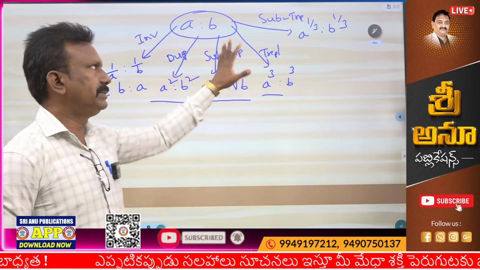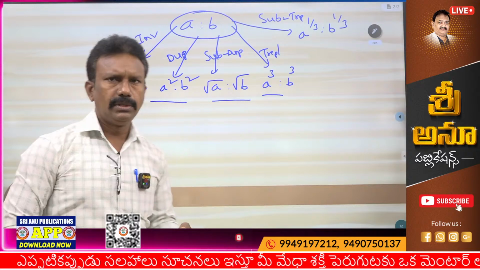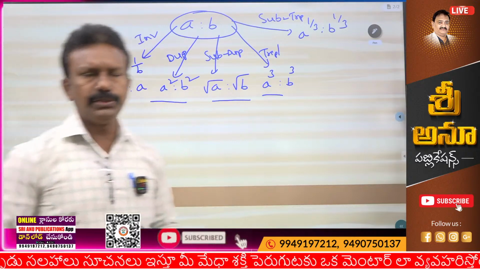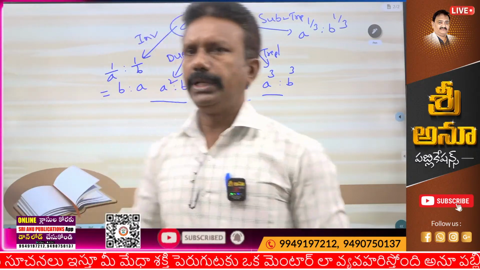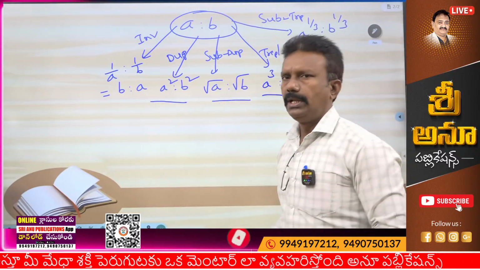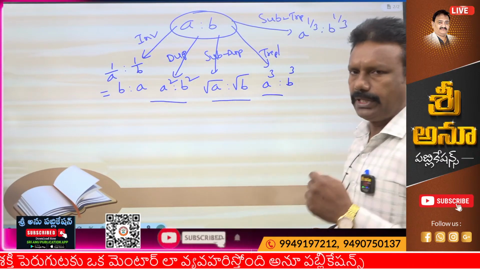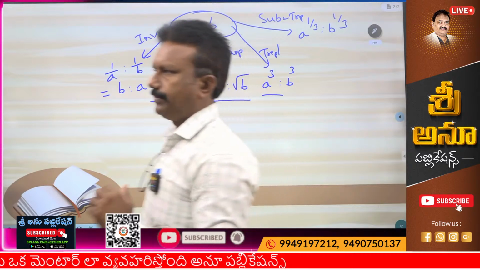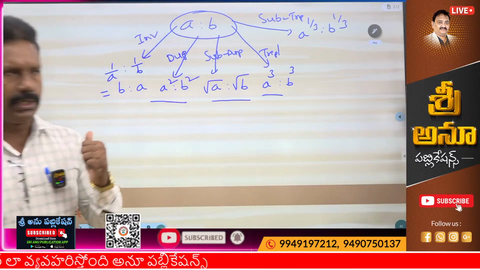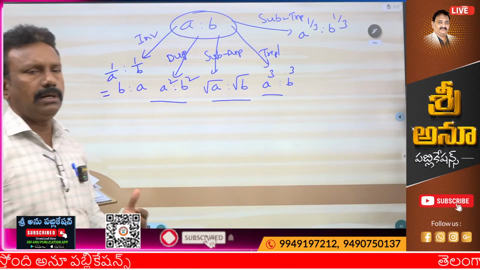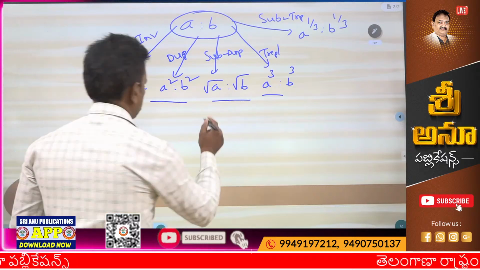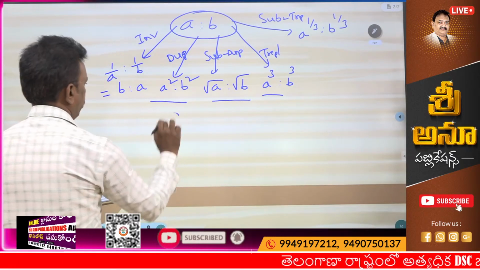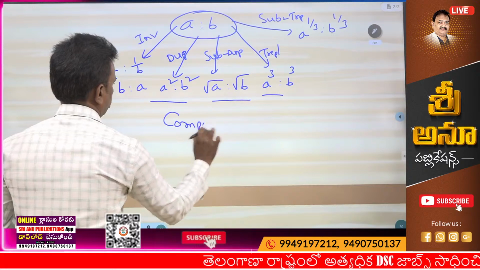There are 5 types: inverse, duplicate, subduplicate, triplicate and subtriplicate. One more important point is the compounded ratio, which is a very important one.